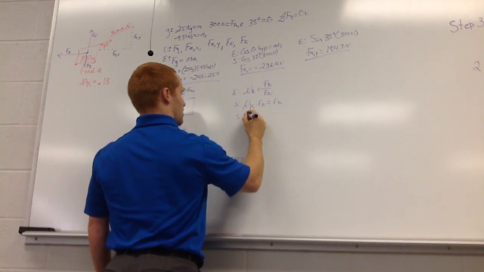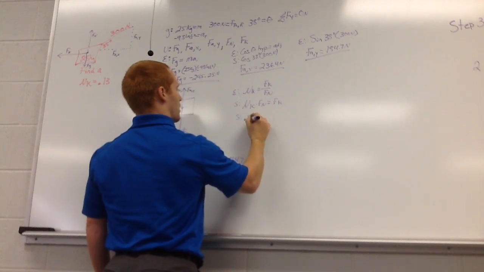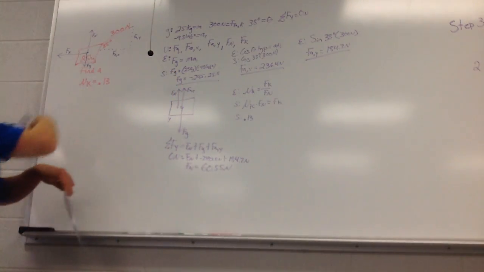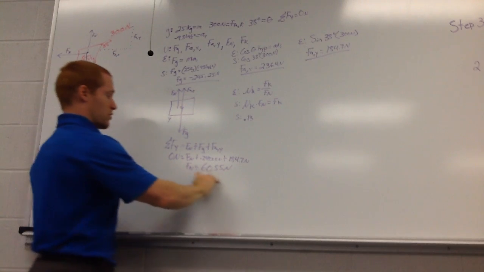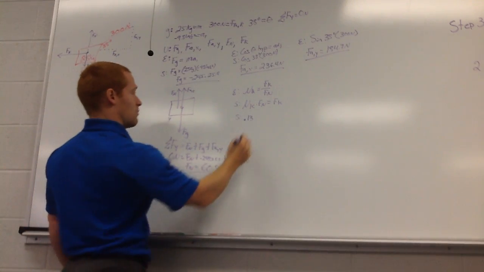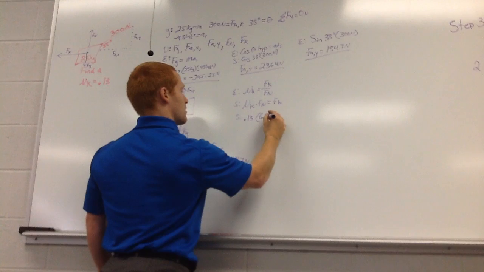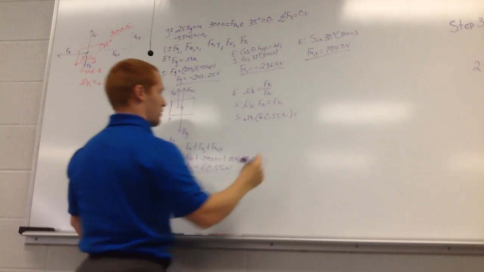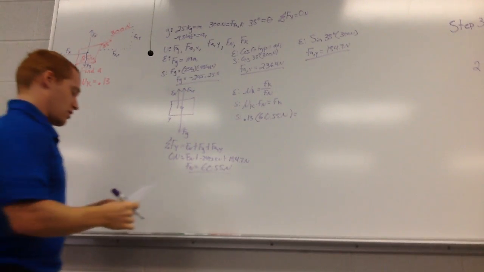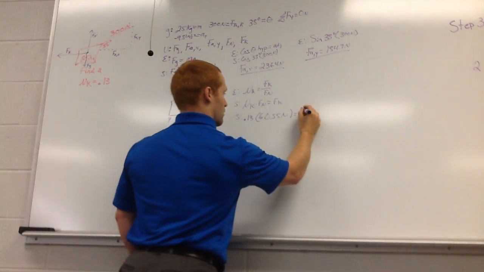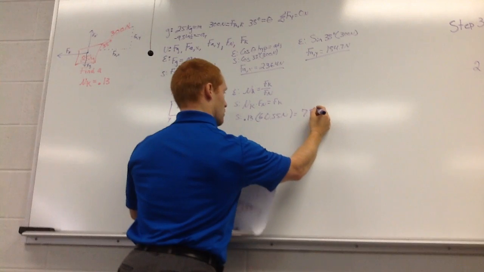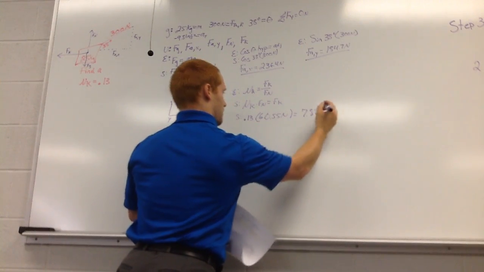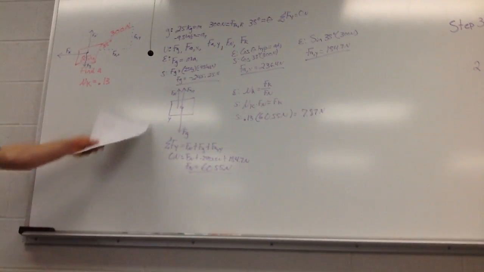And then we're just going to substitute in. We know mu k, it gives it to us in the problem originally, 0.13 times our force normal, which we solved for right here, 60.55 newtons. We're going to multiply those together. This will give us Fk, which is going to be 7.87 newtons.